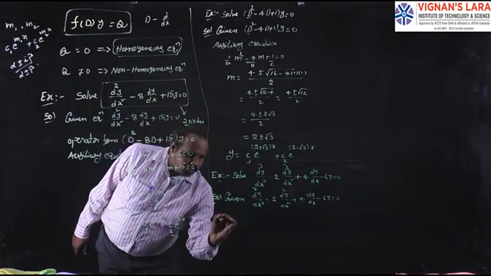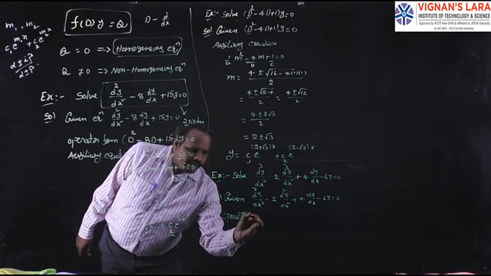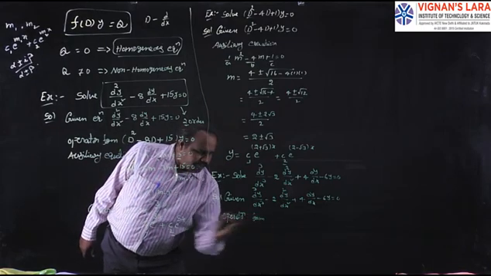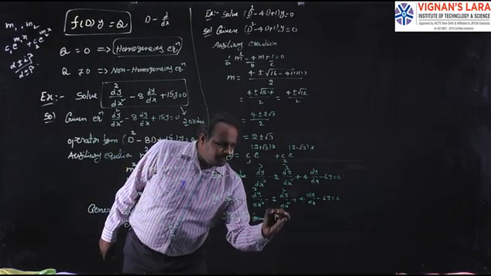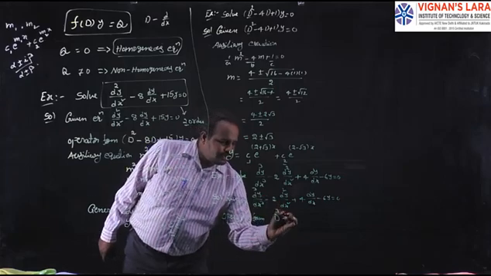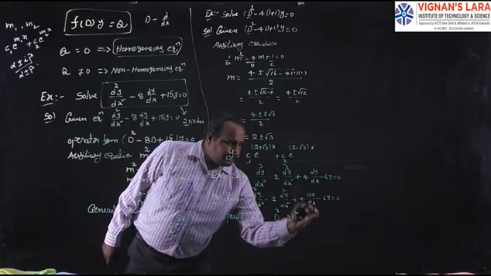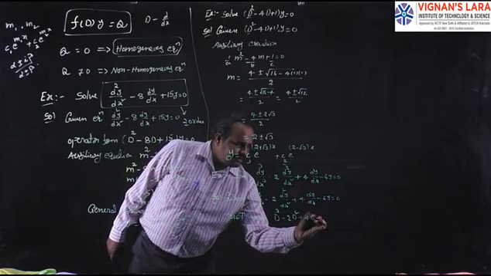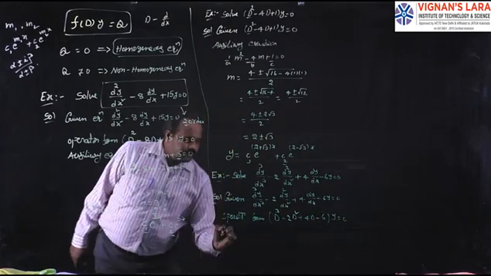Operator form: how will we obtain it? By writing d by dx as capital D. So this is the operator form: D cube (third order) minus 2 D square (second order) plus 4 D minus 6, into y, is equal to 0.